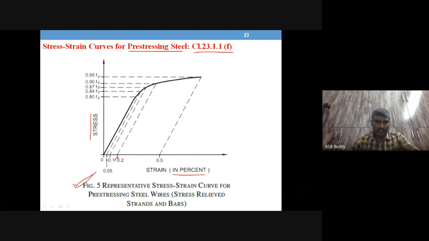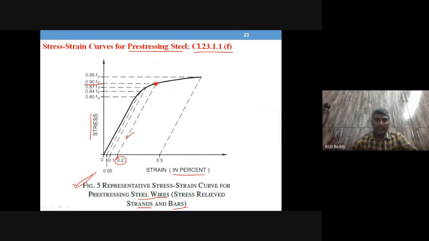So you see that the 0.2% line is this one, and that is meeting the curve here, and that is nothing but 0.9 times, I mean 90% of the ultimate tensile strength of the pre-stressing steel, right? Okay, so that is the noted point in this diagram, and this is for all wires, strands and bars; the same curve holds good.